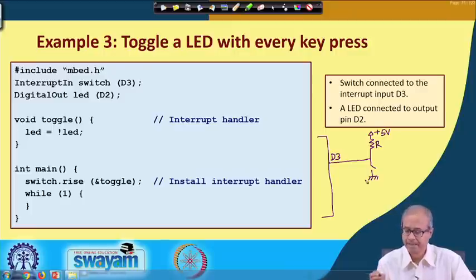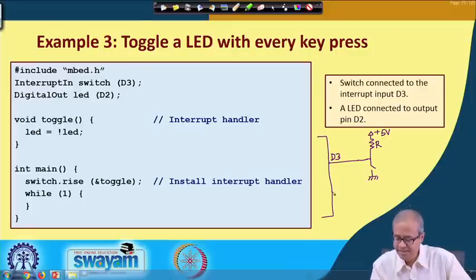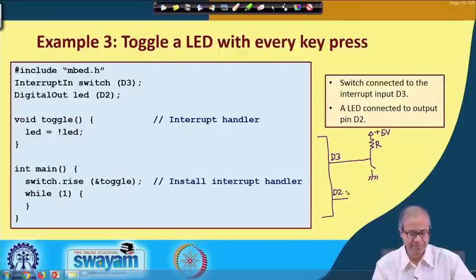And on the other side, on D2, we are connecting a light emitting diode. We connect a resistance, then a light emitting diode, then connect it to 5 volts. So, whenever D2 is 0, there will be a current flowing and the LED will glow.